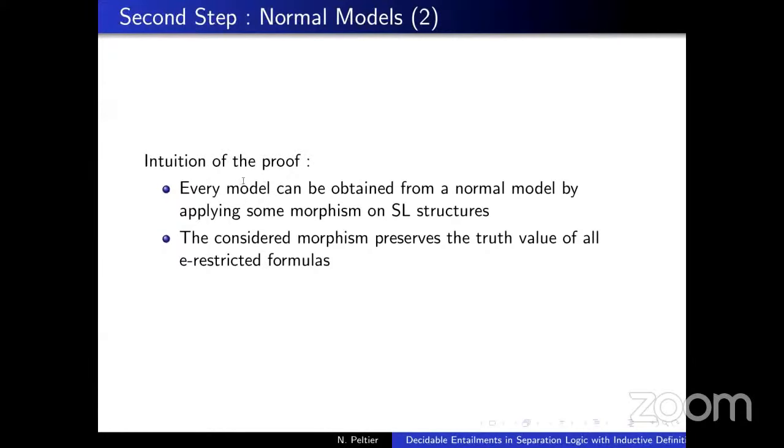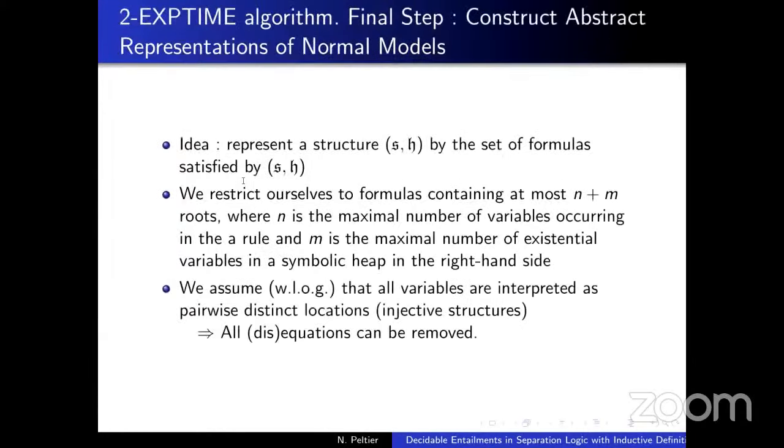a class of models. So the final step is to construct abstract representations of normal models, and the idea is simply to represent a given structure by the set of formulas that it satisfies. But of course, this set is infinite in general, so we have to restrict ourselves to a finite class of formulas.